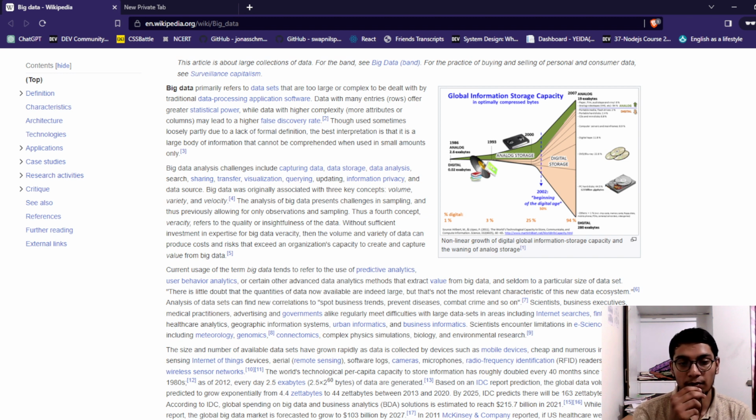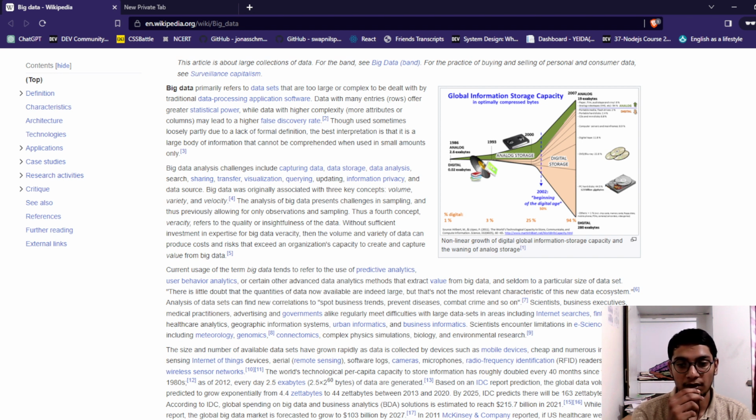The world's technological per capita capacity to store information has roughly doubled every 40 months since 1980. As of 2022, every day 2.5 exabytes of data are generated, based on an IDC report prediction. The global data volume was predicted to grow exponentially from 4.4 zettabytes to 44 zettabytes between 2013 and 2025.